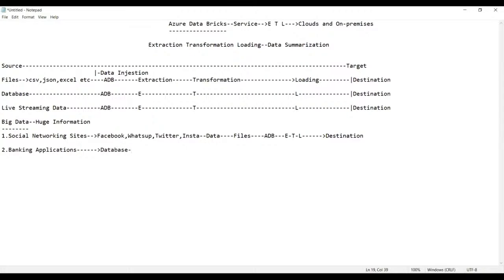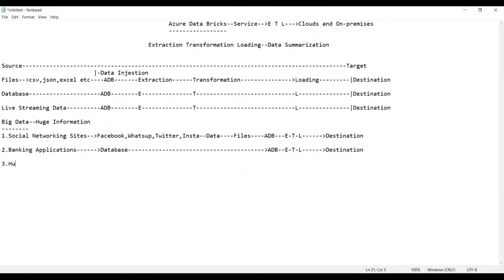From the databases we pull in the data, again the same process: using ADB, Azure Databricks, we perform extraction, transformation, and loading. Finally, once we load it, it will be sent towards the destination.